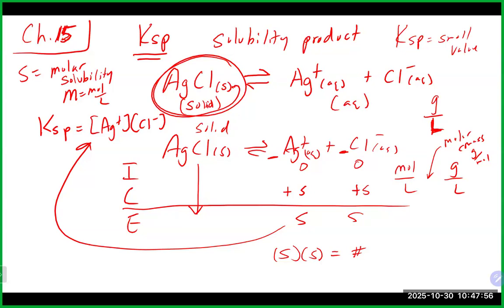In fact, we did this calculation, I think, and we saw something like you could dissolve 0.002 grams of silver chloride in 1,000 milliliters of water, which is pretty much nothing, right? Getting dissolved, and it typically is going to be insoluble.